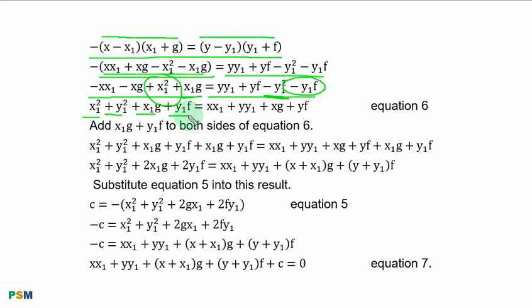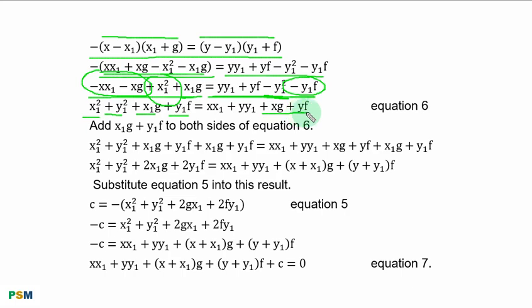You transfer every other term to the right hand side. After moving this term and this term to the left, you are left with these two terms. You transfer these two terms, you have them in this form.